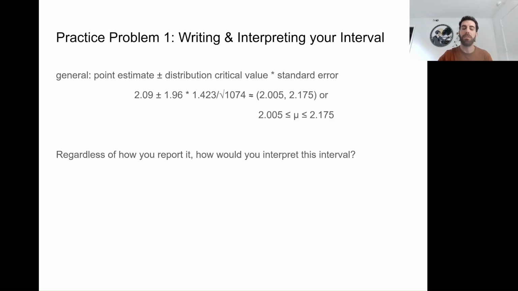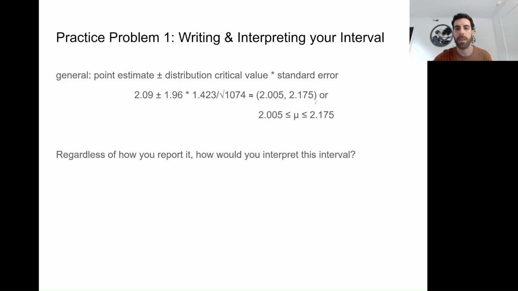Okay, so we go back to our formula now. We got the critical value 1.96, we got our point estimator, the sample mean, and we got our standard error, which is the sample standard deviation divided by the square root of the sample size, and that corresponds to this confidence interval. You could also leave it in this form. This is valid. I would at least simplify the right-hand side, the part after the plus-minus, into a single number. You could leave it as 2.09 plus or minus whatever this evaluates to.